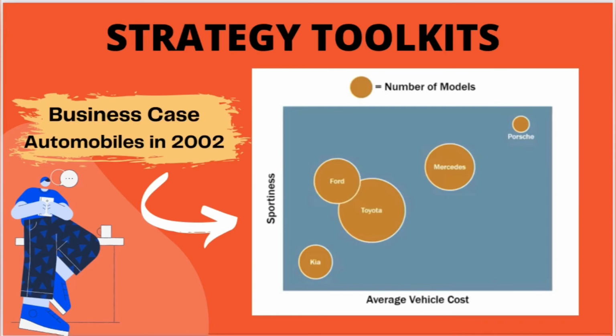It is different for Toyota and Ford, because their sportiness and average cost are in the middle, so their number of models is the highest among the brands. They still have uniqueness, but their standard cost will get the attention of consumers in society. That is why they choose those brands and models.